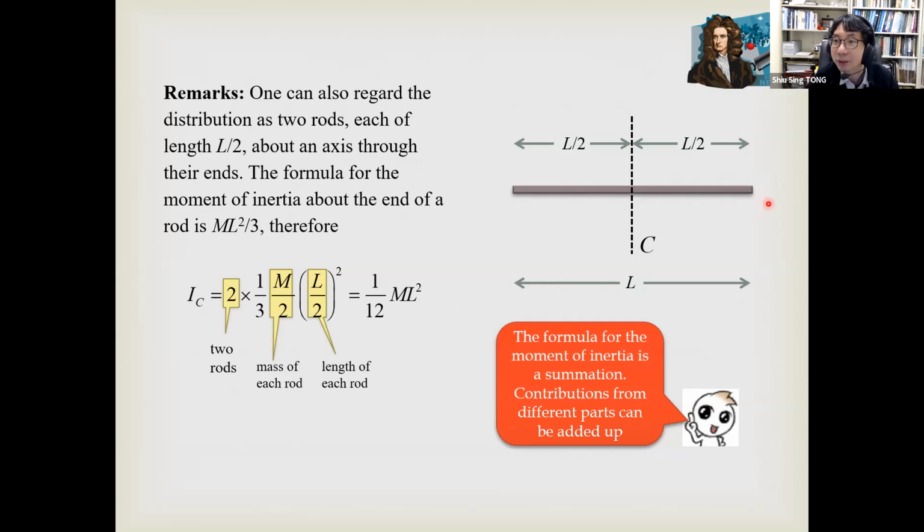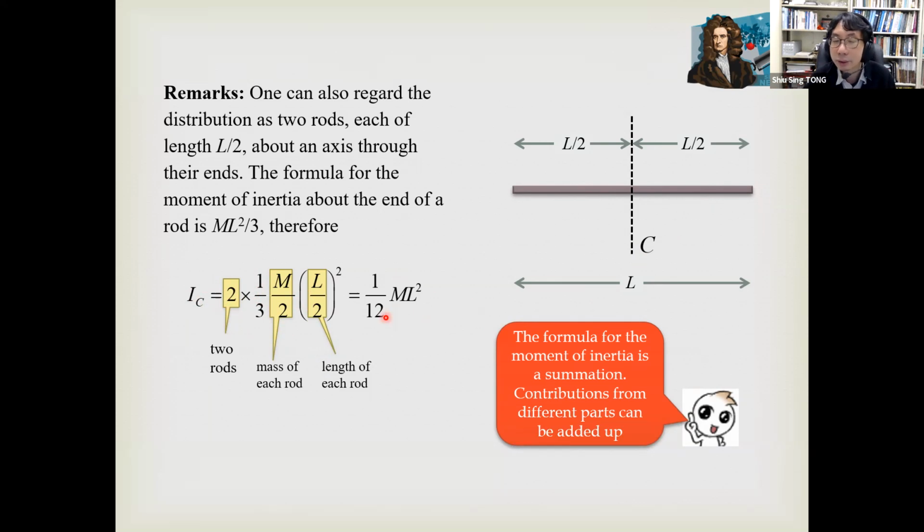But for the smaller rod, the mass is not m. The mass is m/2 only. And the length of the small rod is L/2 instead of L. So we have 1/3 times m/2 multiplied by (L/2) squared. And since we have two such rods, we add the contribution together because that is summation. Okay, so we multiply by a factor of 2. And after some calculation, you find that it is exactly equal to 1/12 ml squared.